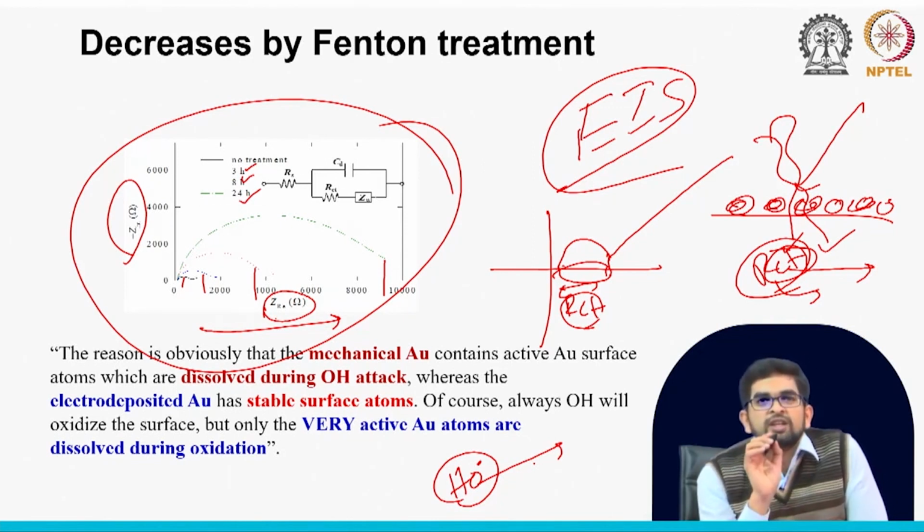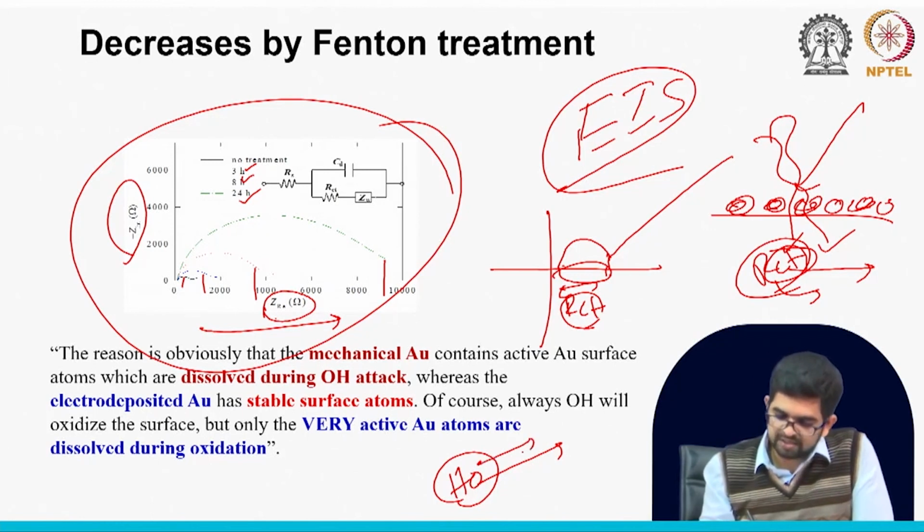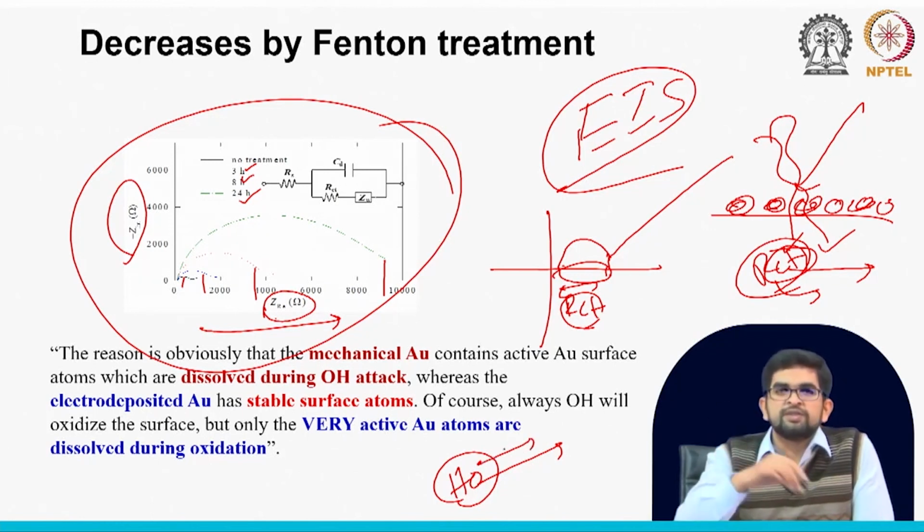So, during the Fenton treatment, the gold surface atoms of the disc electrode are dissolved by the hydroxyl attack. That dissolution is not effective for the gold nanoparticle case, because gold nanoparticle surface atoms are very stable. The hydroxyl radical attack cannot effectively dissolve that surface.